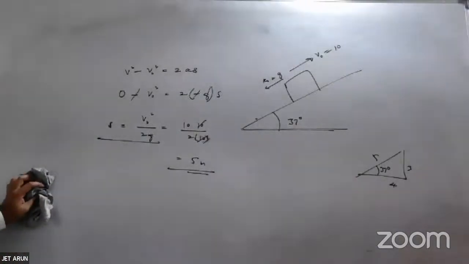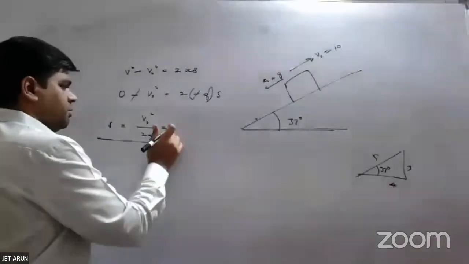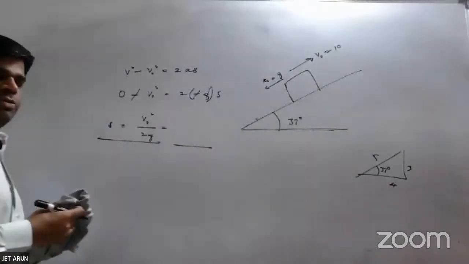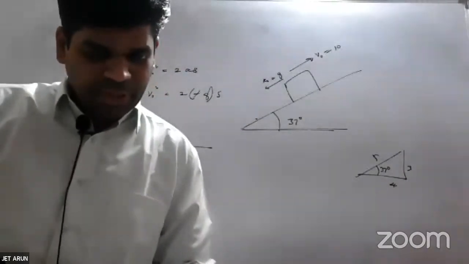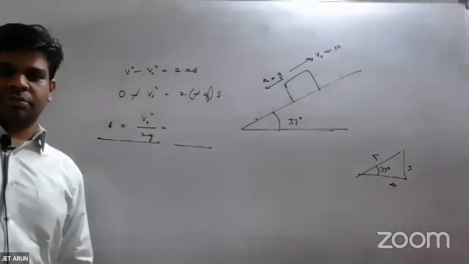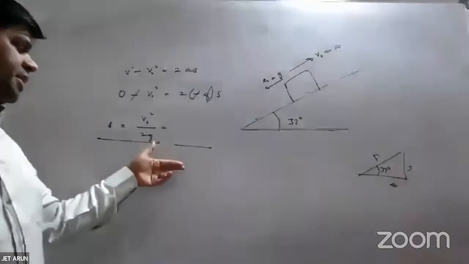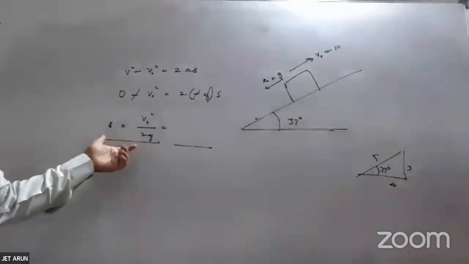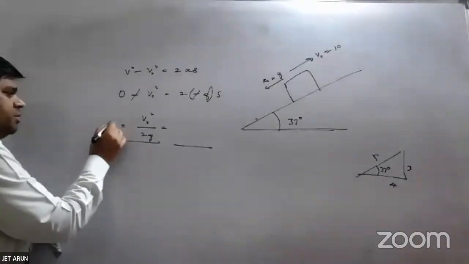Please just check. Let me know what the value of v naught square by 2g is. Substitute v naught as 10 meters per second, and g is 10. A we got as g. Retardation is g, and the value of g I'm taking as 10. So let me know what the value of s is, which is v naught square by 2g.